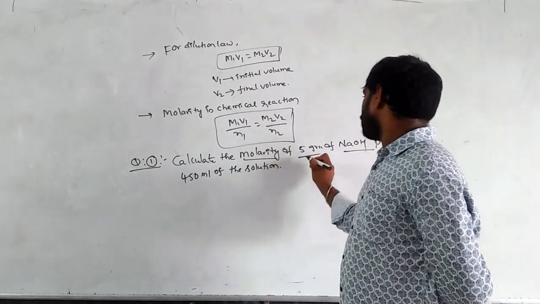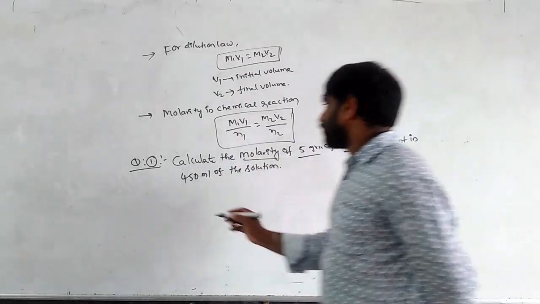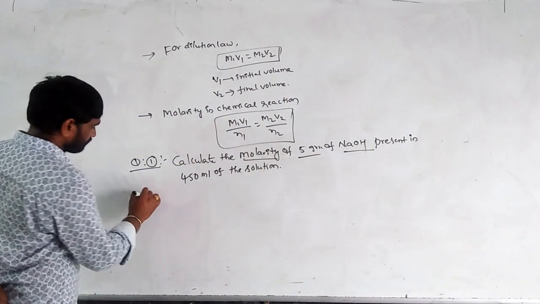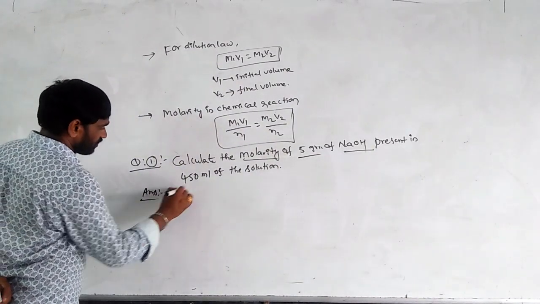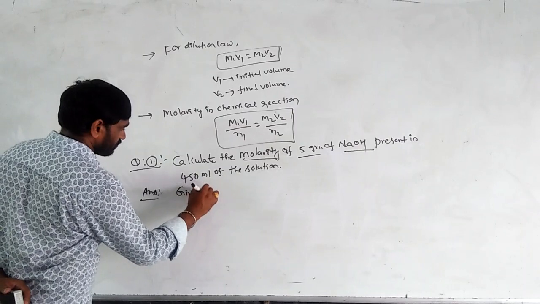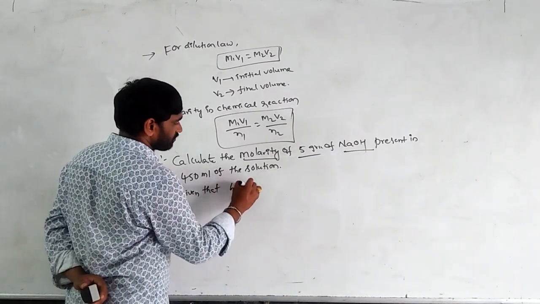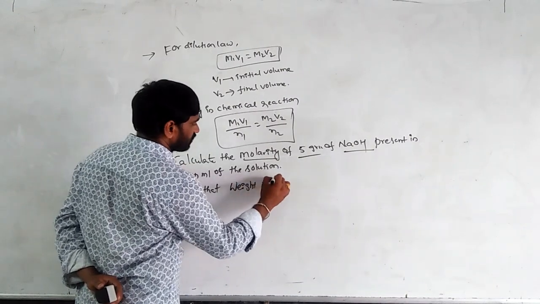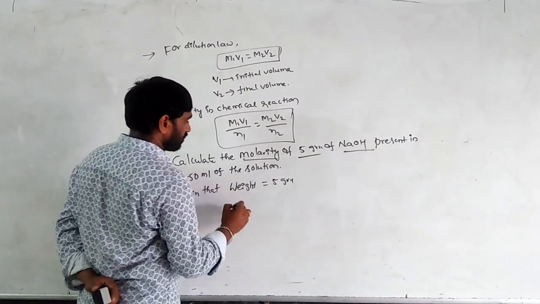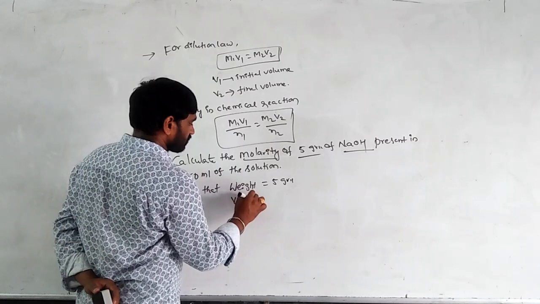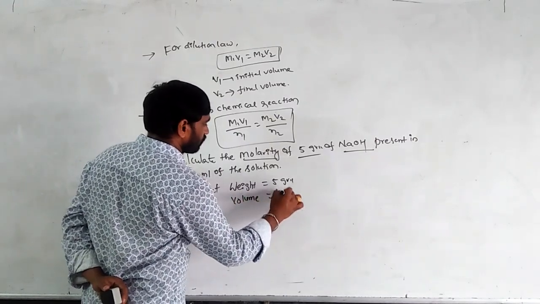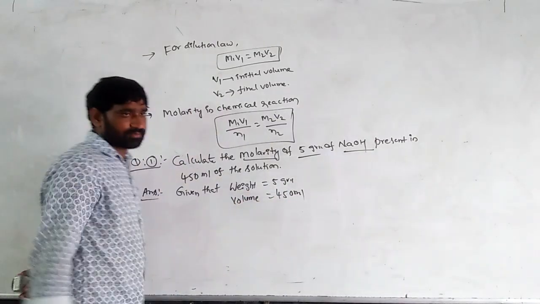So here, 5 grams of NaOH is given, that means weight equals 5 grams, and volume equals 450 ml.